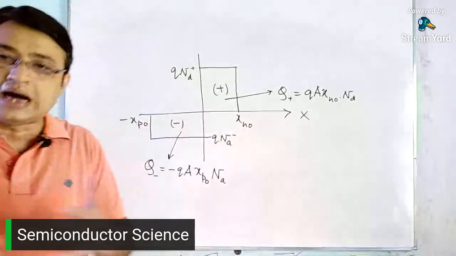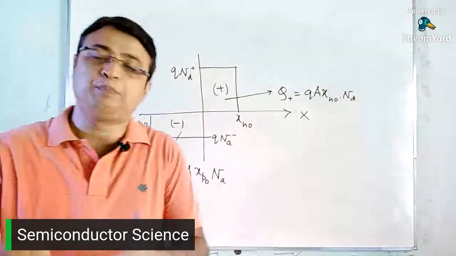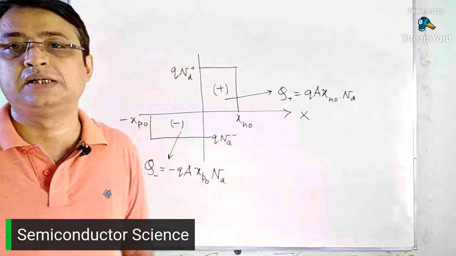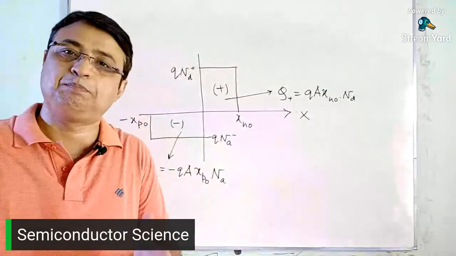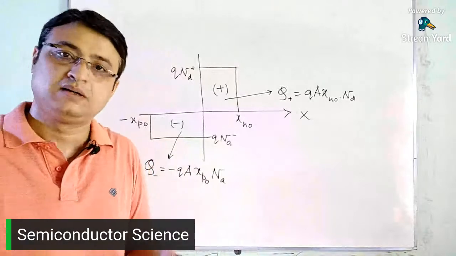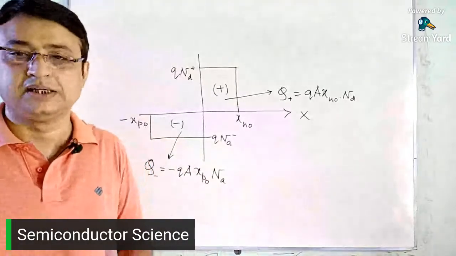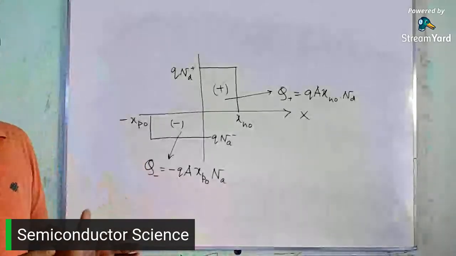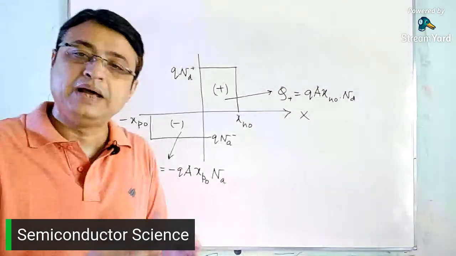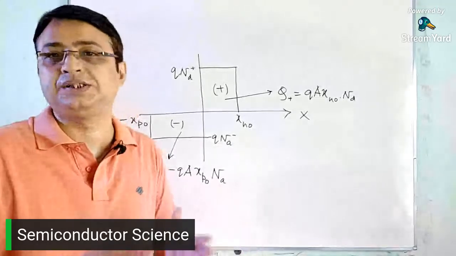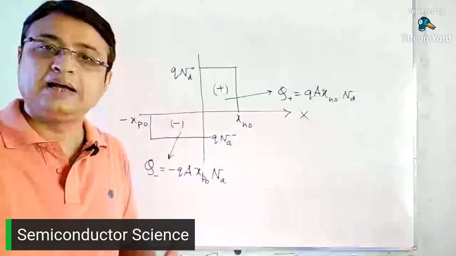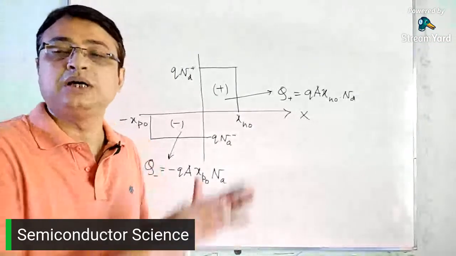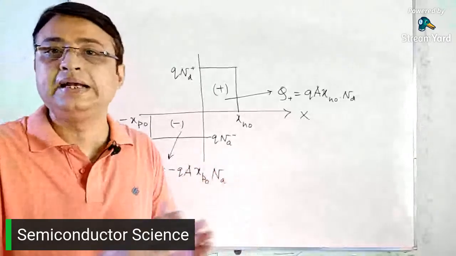In earlier days, or in your previous classes, when we drew this type of picture, we made the depletion layer equal in width on both sides of the junction. Now here we make the width of the depletion layer unequal, that is, the layer width on the p-type side is not equal to the layer on the n-type side.